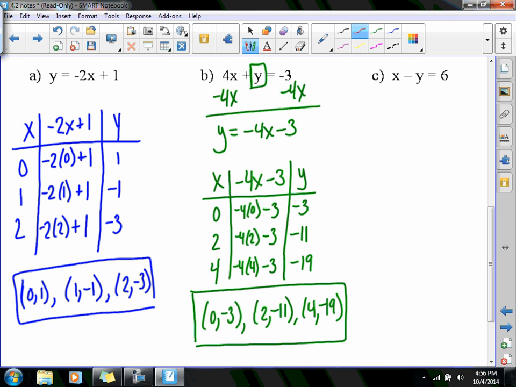Now this last equation, again, it's not solved for y, so I'm going to solve it for y. It's a little trickier to solve this one for y because there's really 2 things going on with the y. I have an x that's being added to it because the x is positive, and then I have a negative, or negative 1, that's being multiplied by the y. So I'm going to undo that addition or subtraction first. I'm going to move that x over to the opposite side.